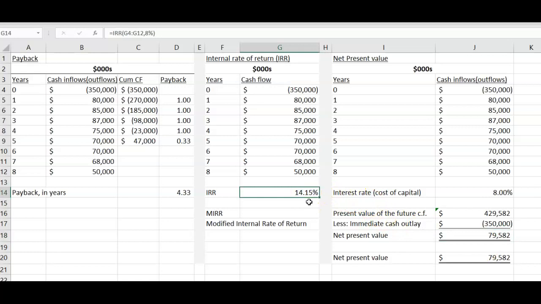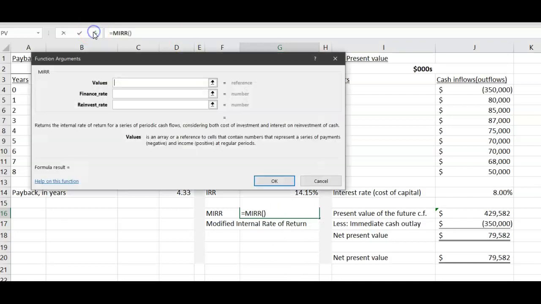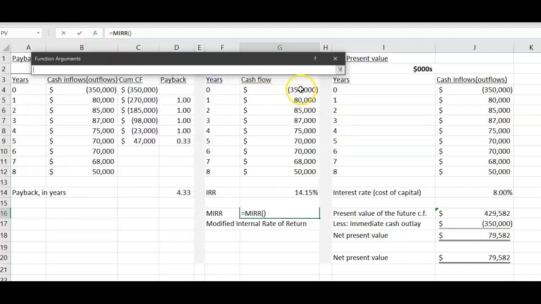Okay, now, because of that weakness, and because it's likely that those future cash flows can only be invested at 8%, modified internal rate of return adjusts for that. So we type equal MIRR, hit left paren, call it up, put in the values. Now remember, with IRR, you can put in the initial negative amount.